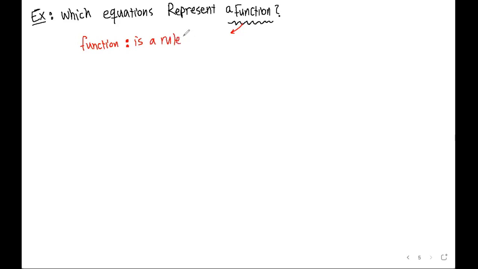We know it's a rule such that every input has only one output. This is a function.